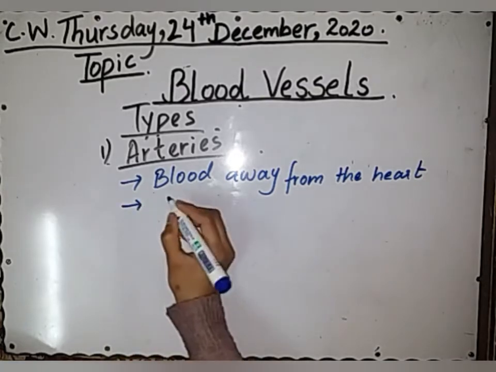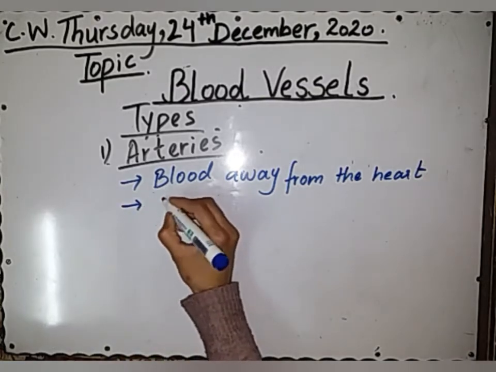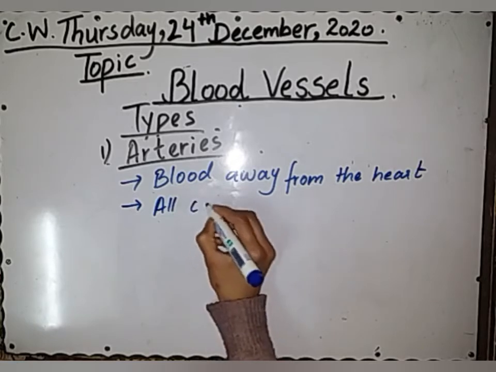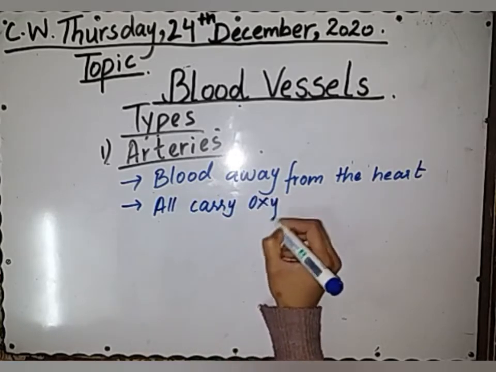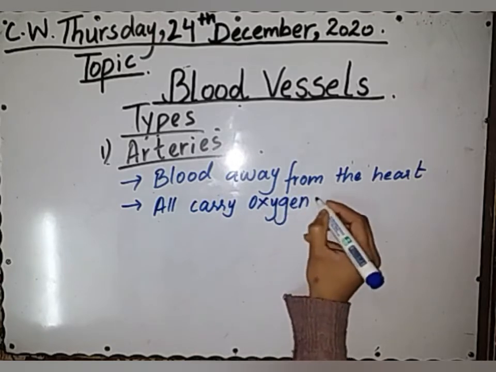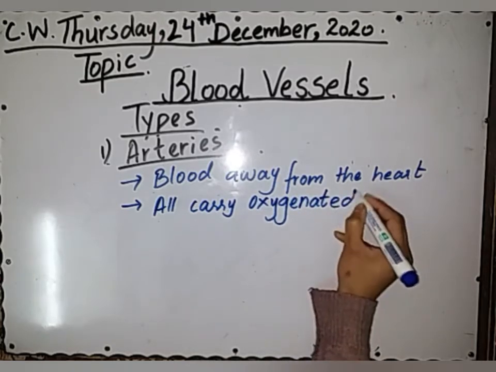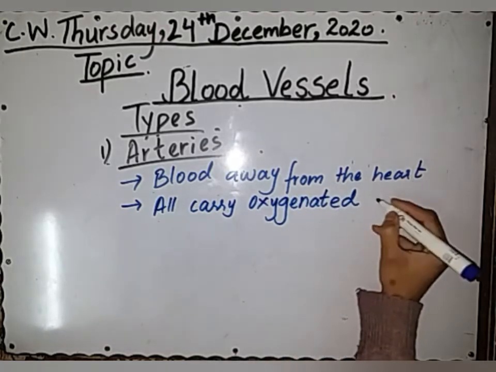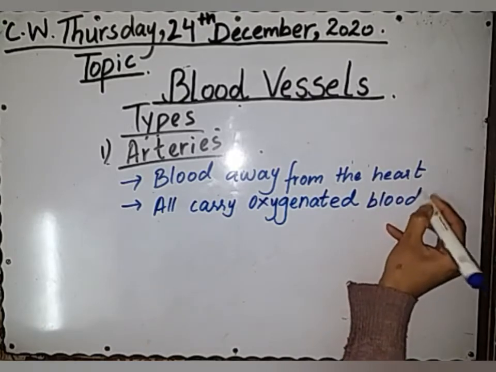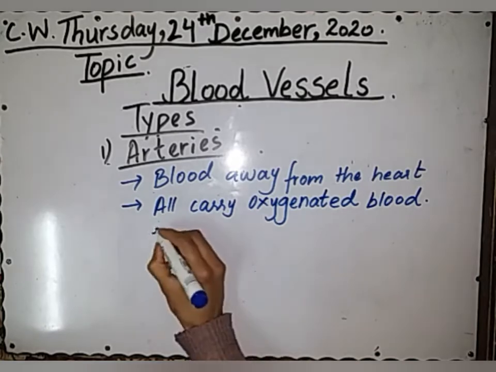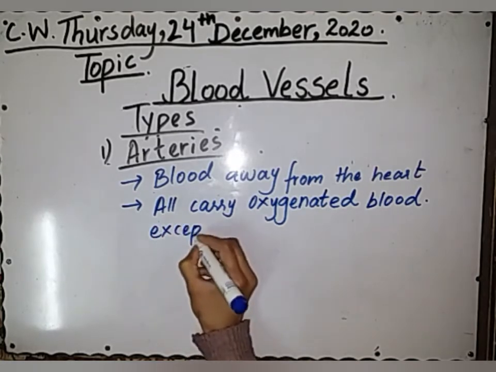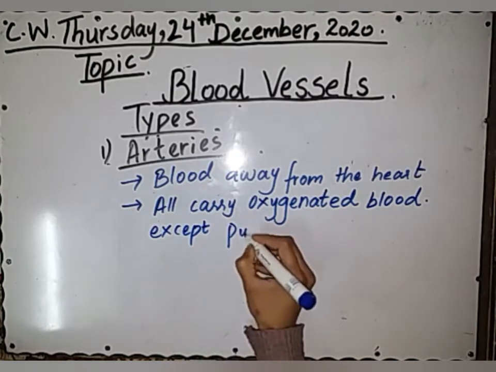Another point is all arteries carry oxygenated blood. We have two types of blood, students, that is oxygenated blood and deoxygenated blood. All arteries carry oxygenated blood except the pulmonary artery.